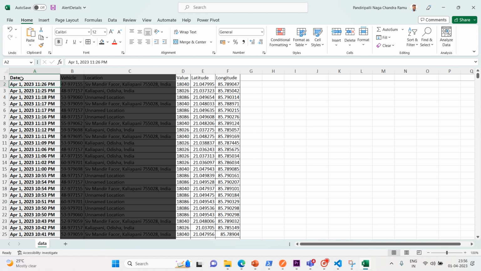Whenever some vehicle enters into the geofence, it will give us this alert. So at 11:26 something entered, and this is the location. Then 11:25 something entered, and 11:18, 11:17, 11:17, 11:16. These are all the geofence breaches, and all the data has been captured.